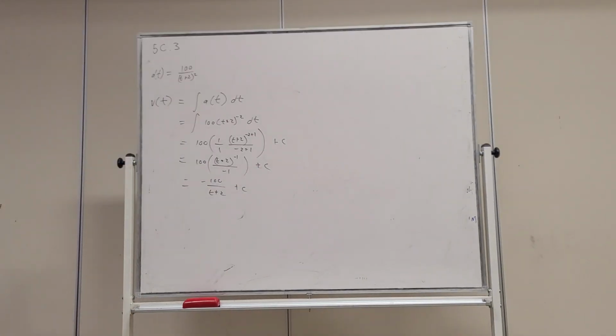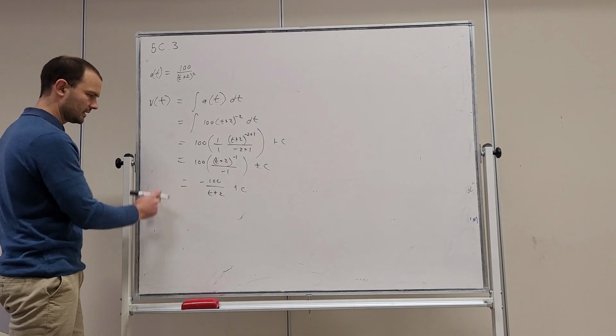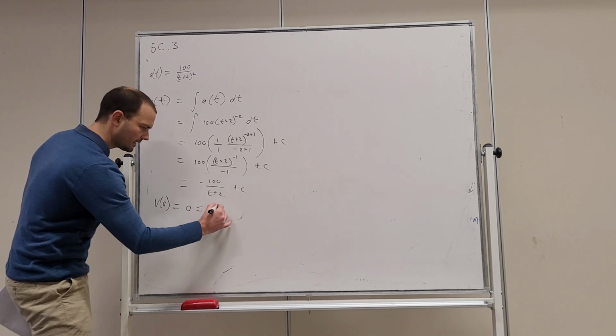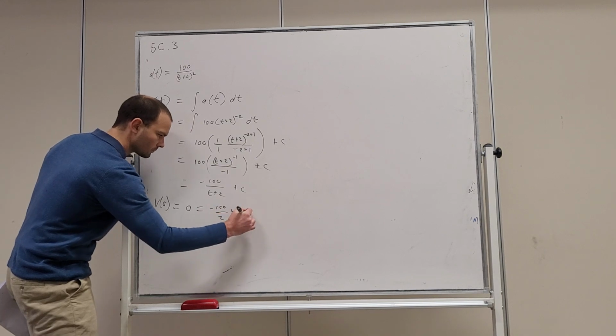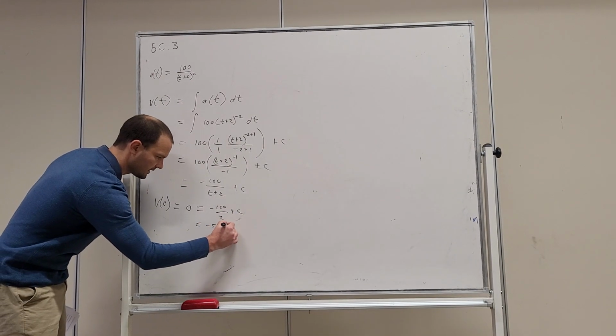So that's all good. And then we know that the initial velocity is 0. So that means when time is 0, the velocity is 0. V of 0 equals 0. So we'll plug that in. So we're going to have c is 50.